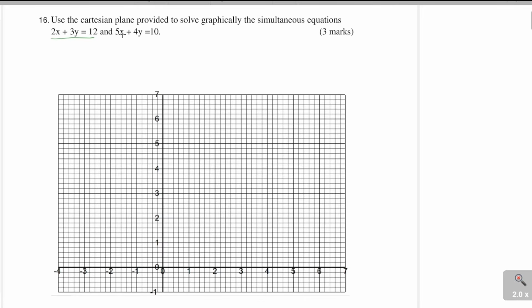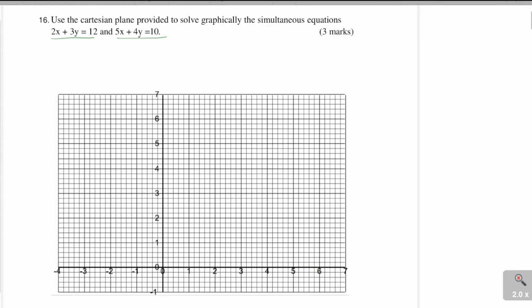Then you draw the other line 5x + 4y = 10 using at least 2 points. Once you've drawn those 2 lines, the point of intersection gives the solution, because the point will be given by the x and the y coordinate. That is how you get what x is and what y is.